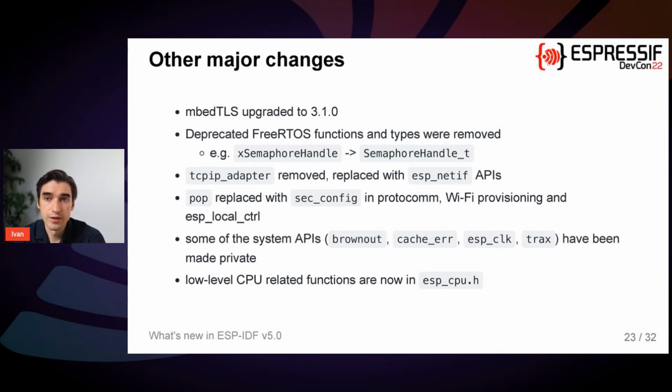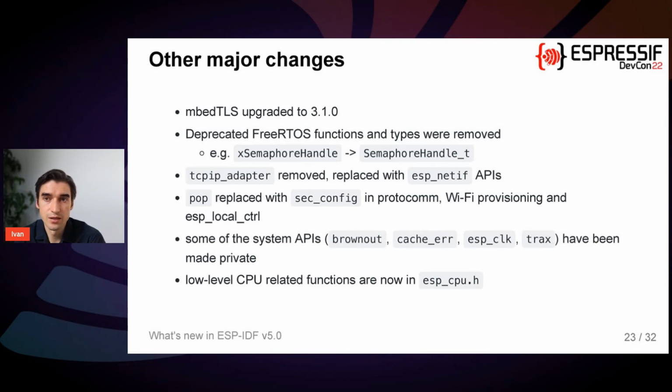Also removed are some of the deprecated functions and types in FreeRTOS. For example, the xSemaphoreHandle type has been deprecated as of, I think, FreeRTOS 8. But this definition was still provided in IDF for compatibility reasons for a long time. So now you have to use the new definitions which are available since FreeRTOS 8.